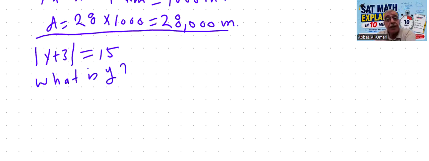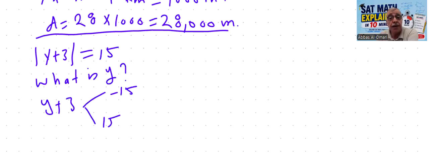Now, y plus 3 absolute value, that means y plus 3 can be either minus 15 or 15. If it is a minus 15, then the absolute value is 15. If it is 15, then the absolute value is 15. So we have to solve for y for both cases.